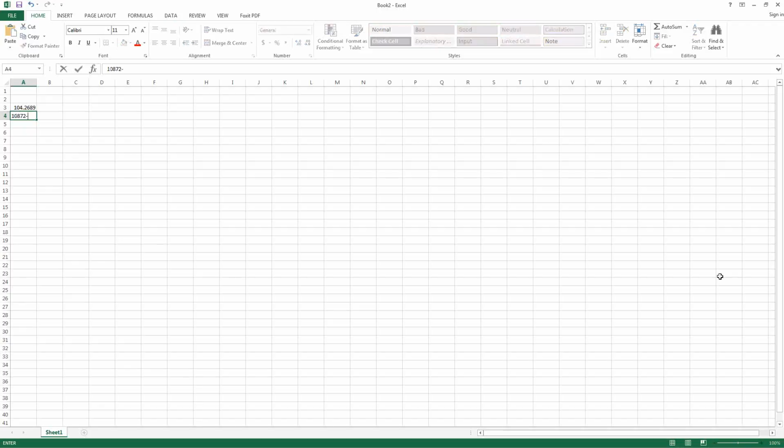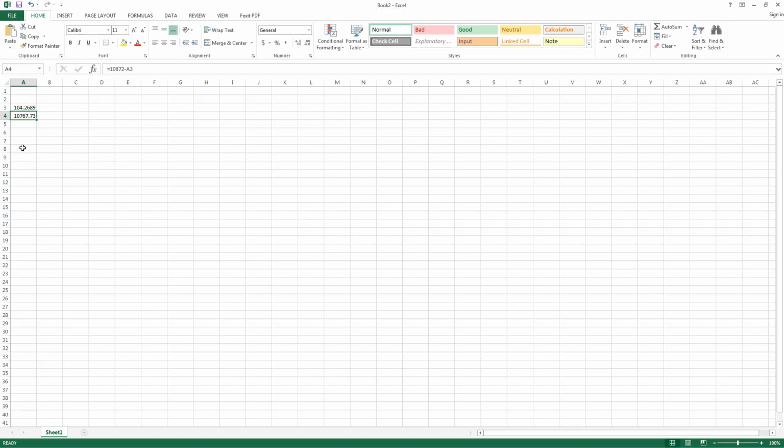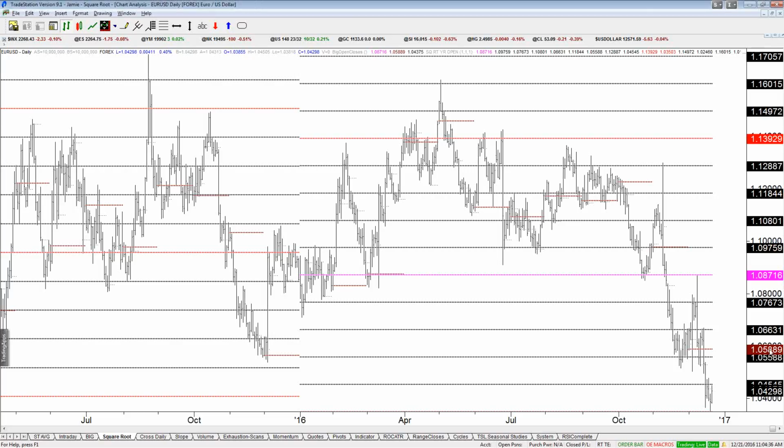Okay, so 108.72 minus 104, oops, 107.67. Okay, and then subtract from 107.67 104 pips. So 107.67 minus 104 pips gets you 106.62, 63. Okay, and so on and so forth.